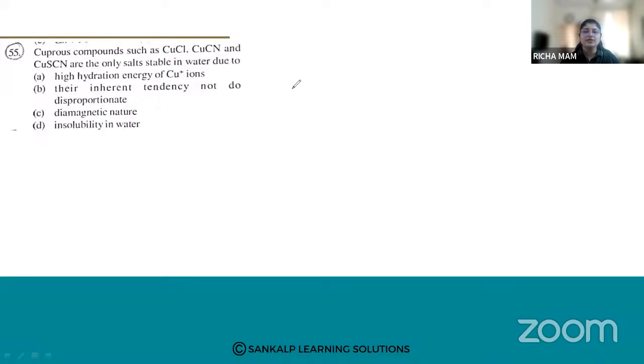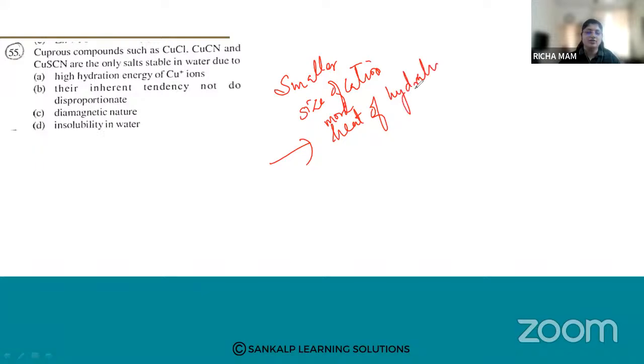We know that the smaller the size of the cations, the more heat of hydration they have. This hydration is an exothermic process and heat is evolved in it. Thus the system will be lower in energy, and so A is the correct answer.